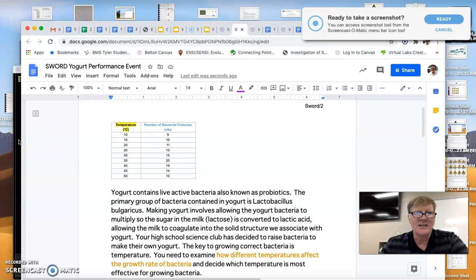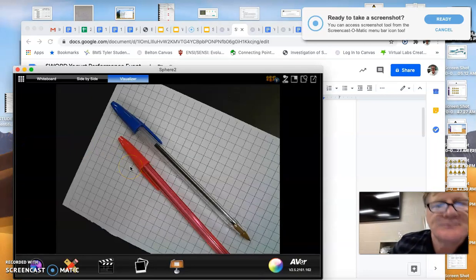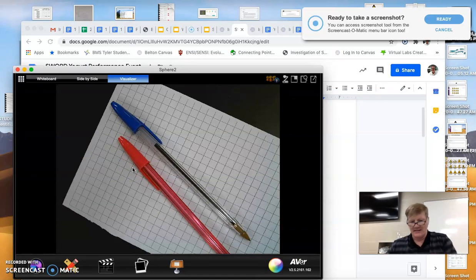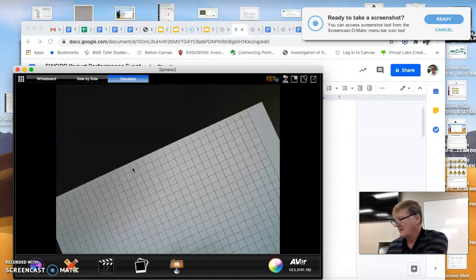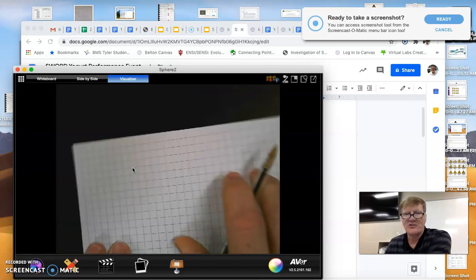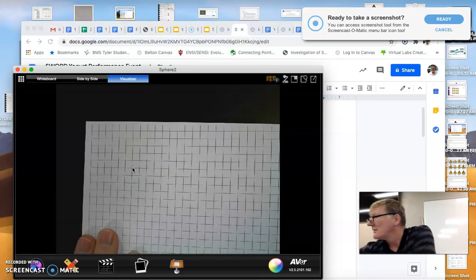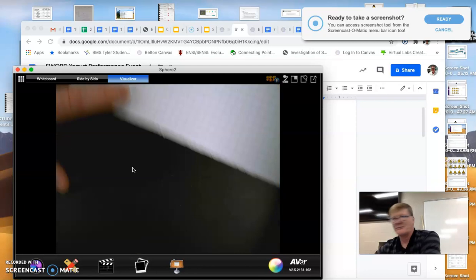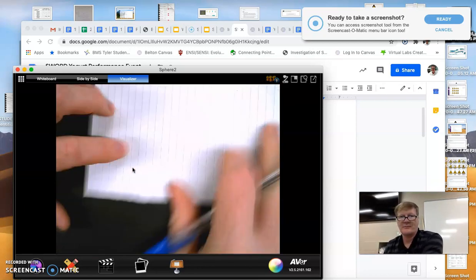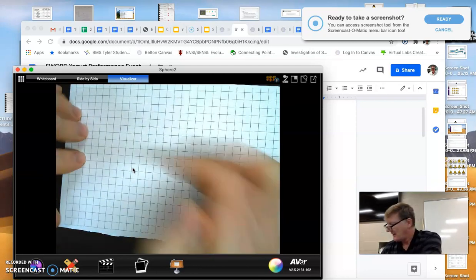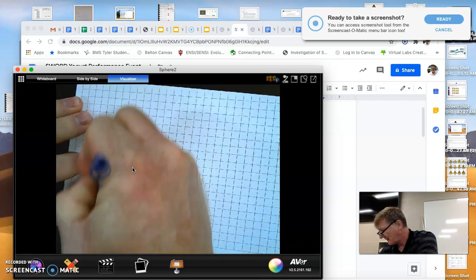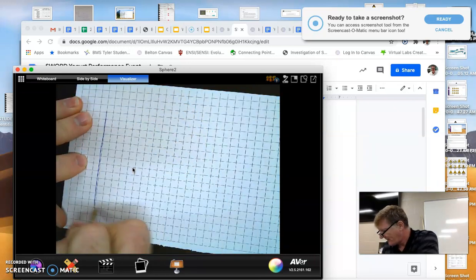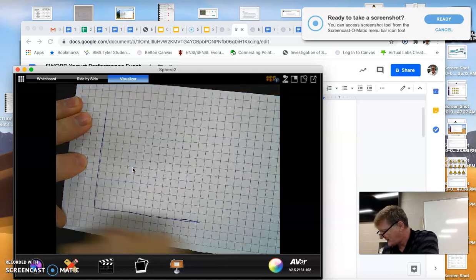So to set this up, I'm going to create an X and Y axis.